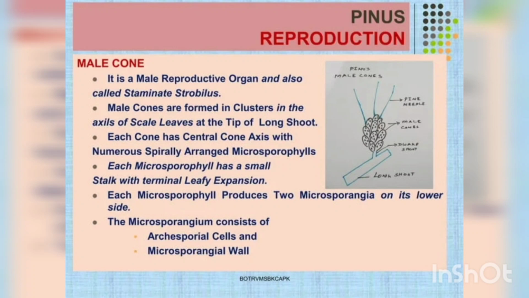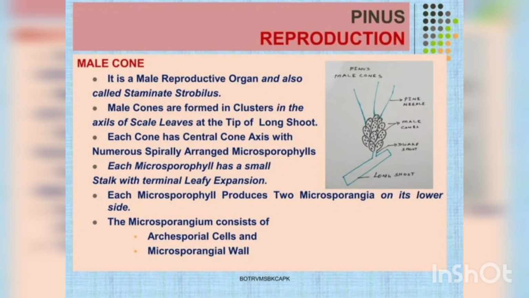Each microsporophyll has a small stalk with a terminal leafy expansion. It expands like a leaf, and each microsporophyll produces two microsporangia on its lower side. The microsporangia consist of two wall layers, archesporial cells and microsporangial wall.